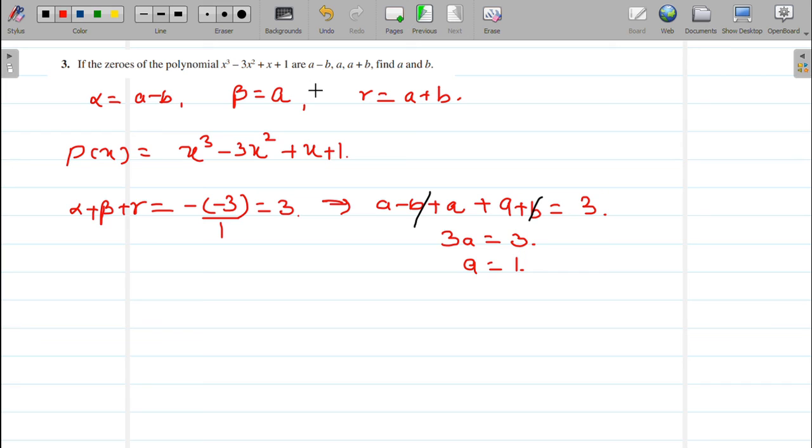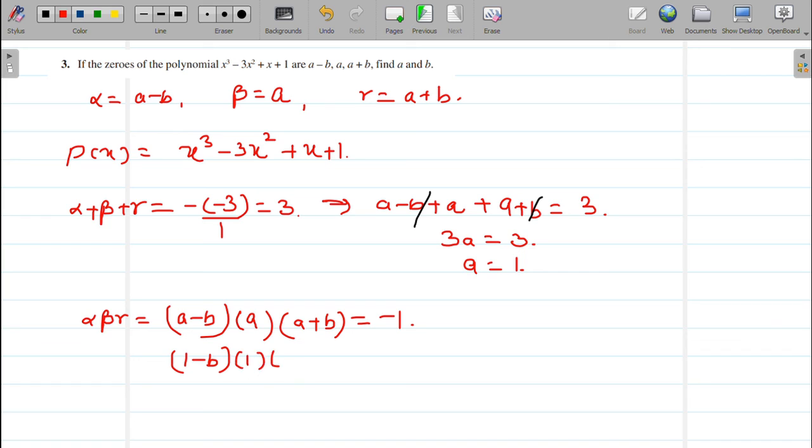Now I go for the relationship product of zeros. Of course, we can use the second one, alpha beta plus beta gamma plus gamma alpha also, and we can also use alpha beta gamma. If I try alpha beta gamma here, it should be a minus b multiplied by a multiplied by a plus b, which should be equal to, according to the relationship, minus d upon a, which is minus 1. Substituting the value of a here, 1 minus b into 1 plus b is equal to minus 1.